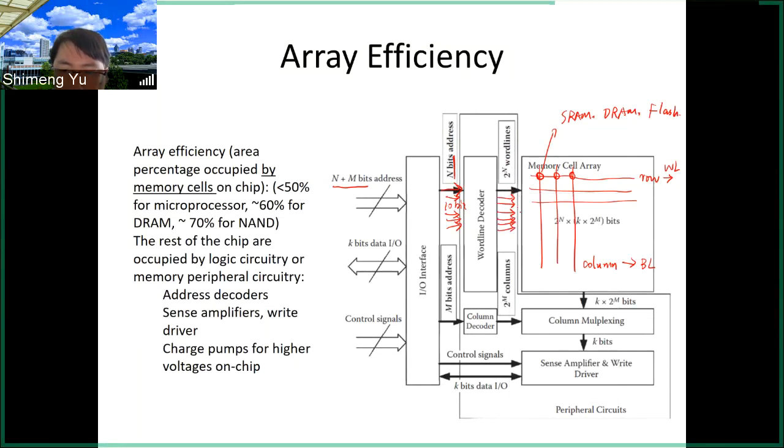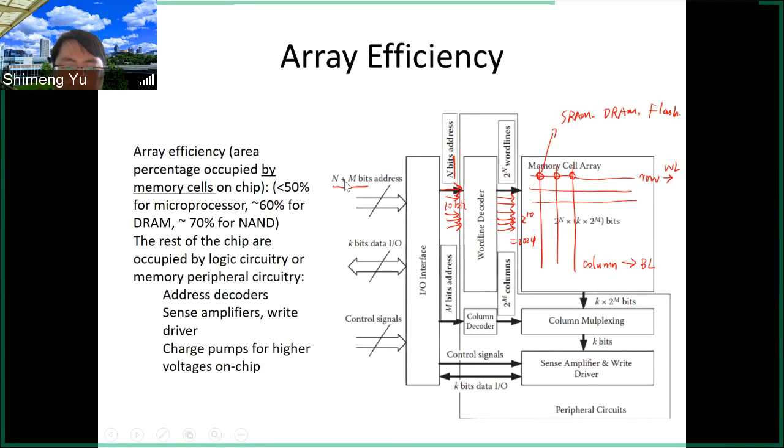You will have 2 to the power 10, which is 1024. So you can use 10 bits to control 1024 rows, and then given a certain address, you are going to turn on or activate one row, so you can locate the data in that row.